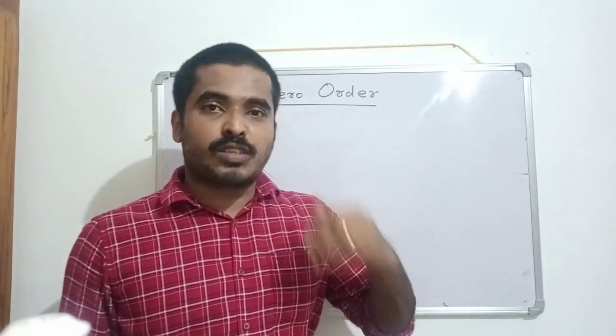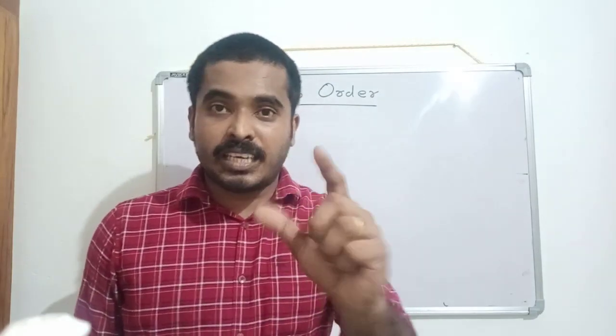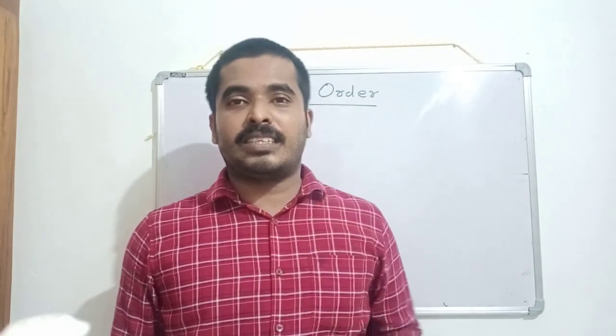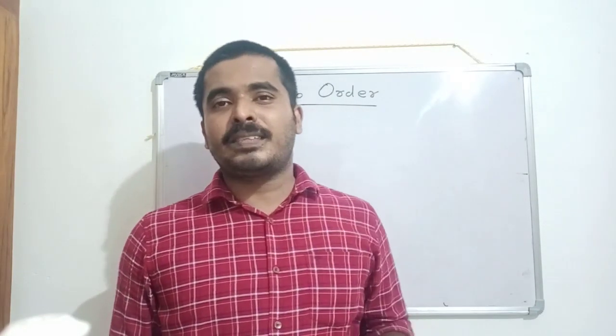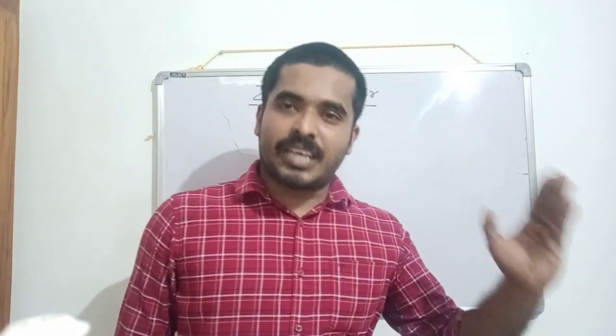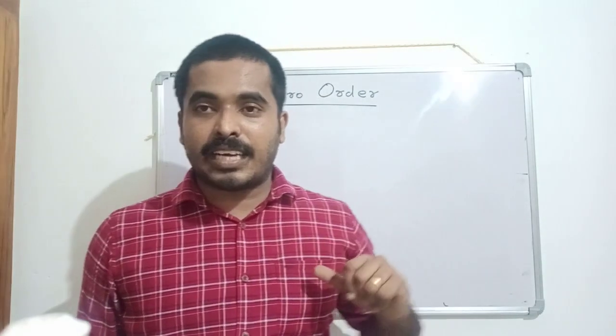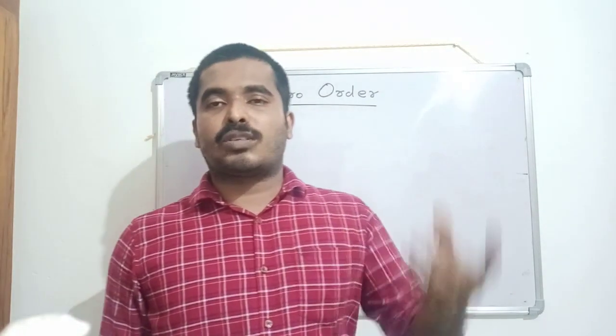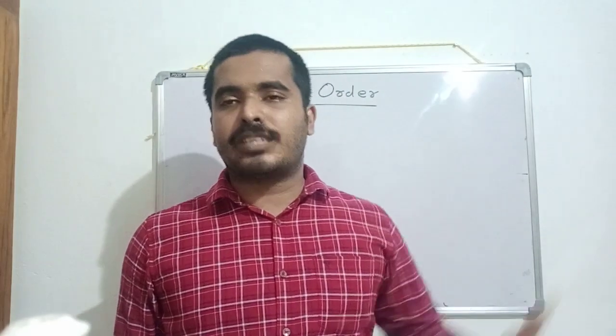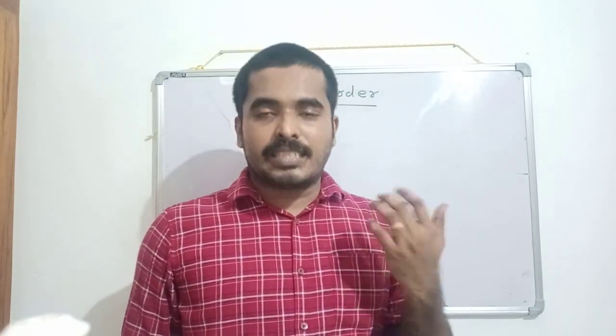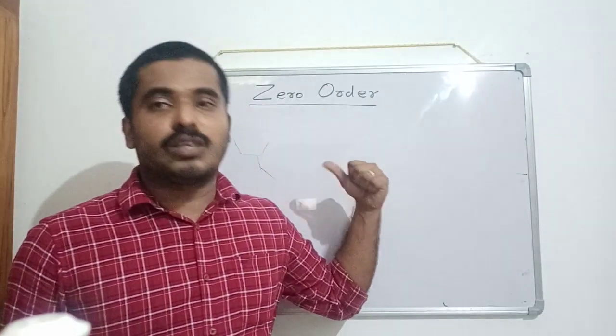All are examples for zero order reaction. Then one secret, a very important thing: for zero order reaction, rate and rate constant both are the same. That is the specialty of zero order reaction. Their units are also the same: mol L^-1 s^-1.